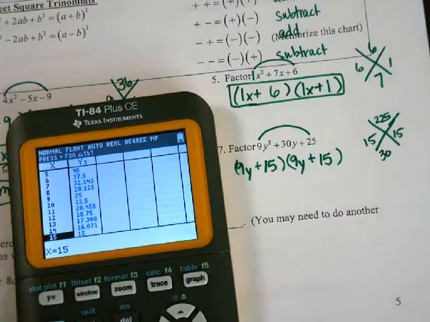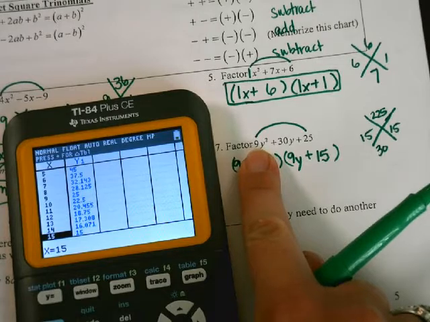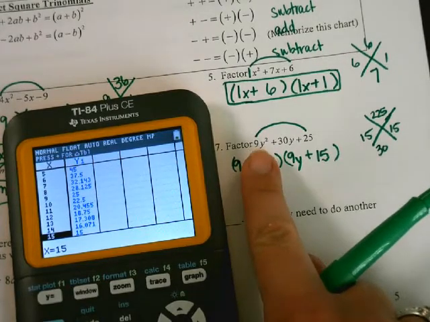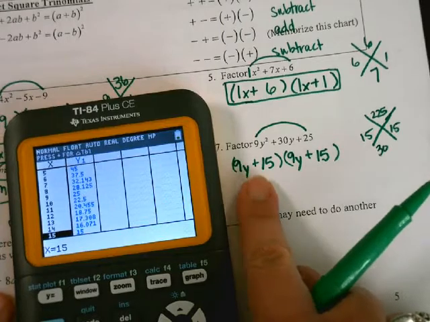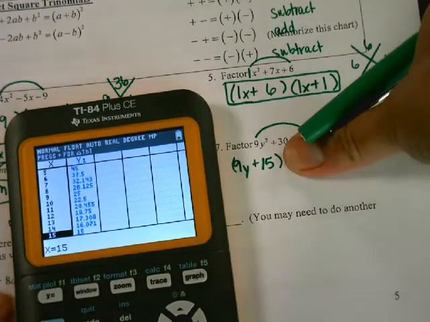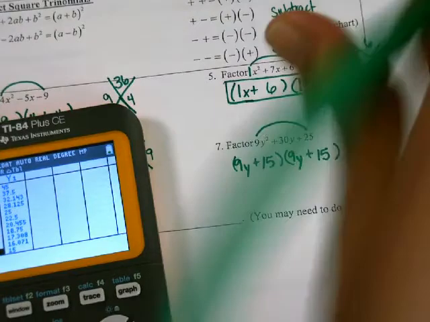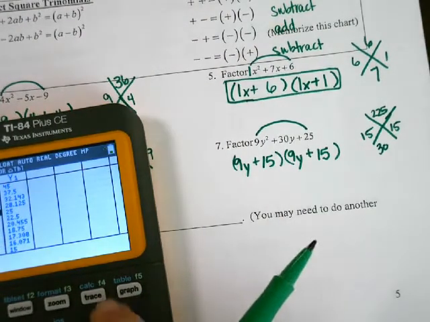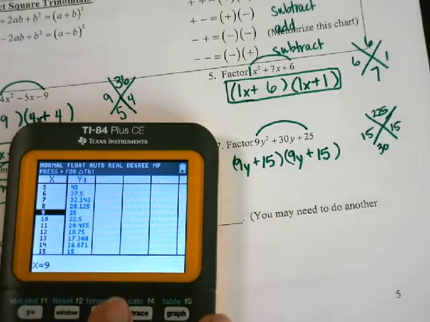All right, now remember, if we were to multiply this guy back out, we'd get 81y squared. And I don't want 81y squared, I just want 9. So I put a factor of 9 too much in there. So I'm going to look at 9y plus 15. Do they have anything in common? It was 225, yep.